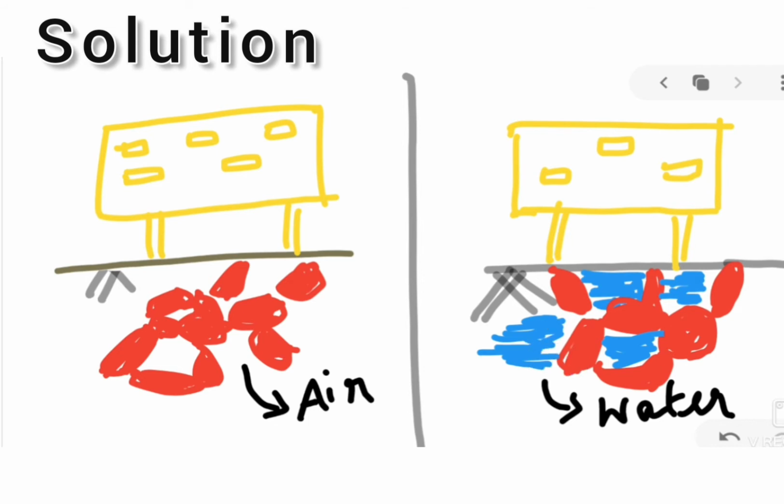So when you apply pressure on the ground, the air will escape from the pores. This expulsion of air, removal of air by applying pressure, is called compaction. But when water that is entrapped is released while you apply some load, then that release of water will cause a settlement.